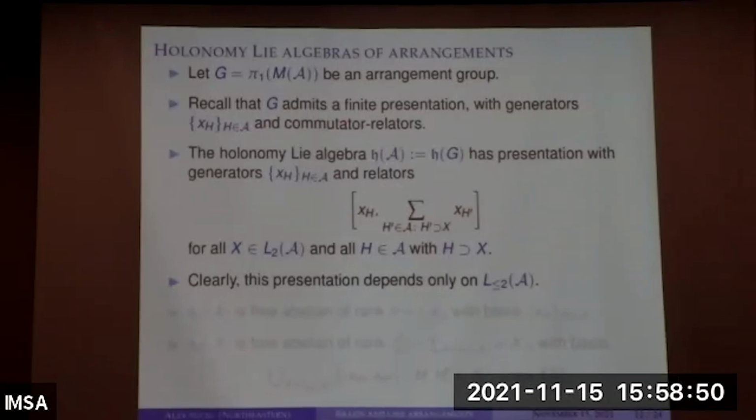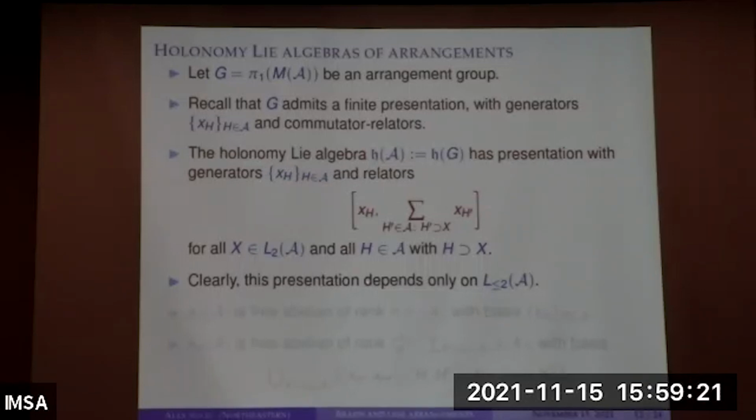Let's call the homology algebra just H of A. Basically, if you look at the relations in that algebra, and you take some duals and use some linear algebra, you get these relations in the homology algebra. It is the free algebra on the meridians modulo these brackets.